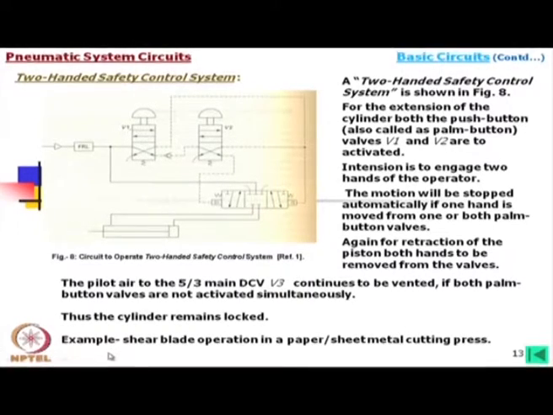An example is shear blade operation in a paper or sheet metal cutting press. Usually if you look into the cutting press, the cutter is like that, then paper is placed like this, and we find where the line is. For that you will find a separate lever, usually hand wheels, by which you can bring down the shear to this line.